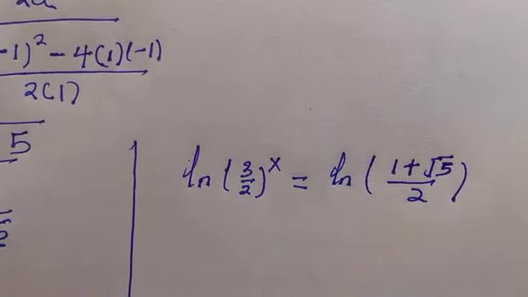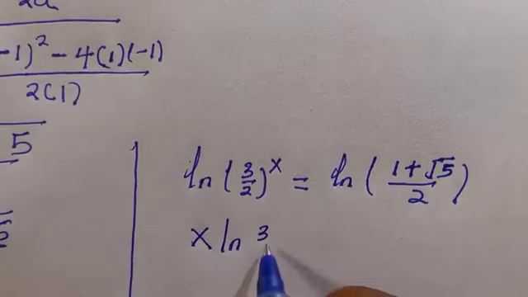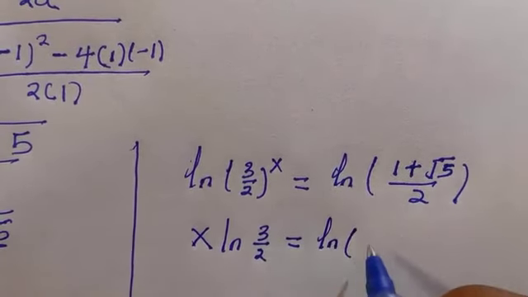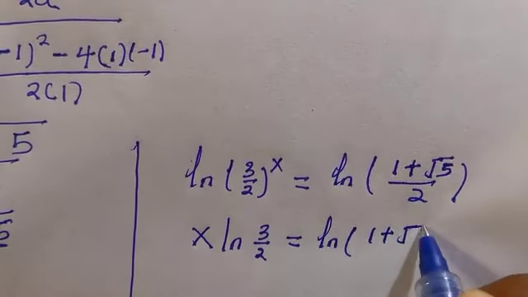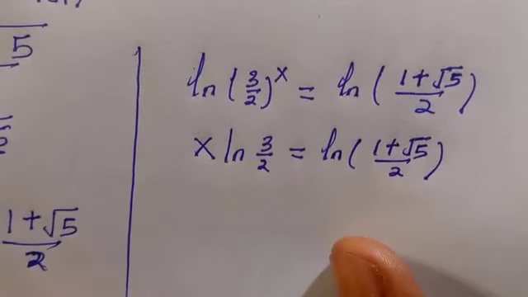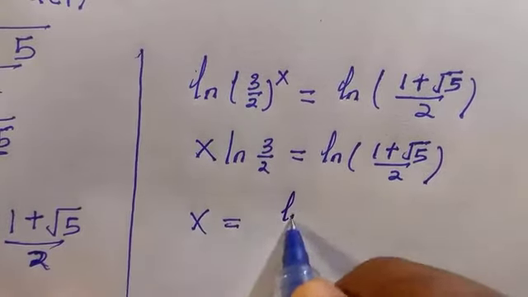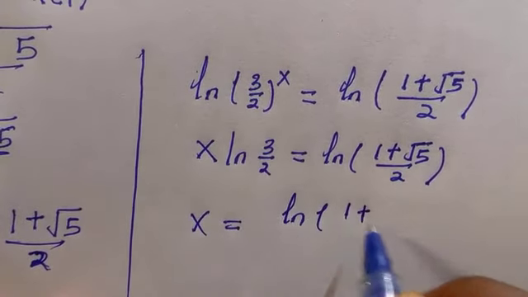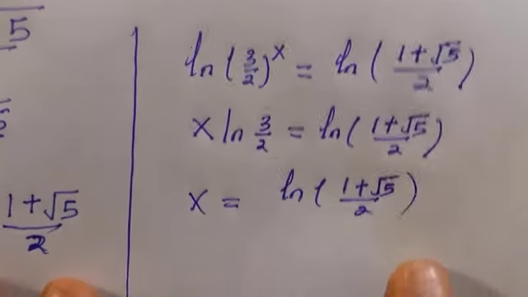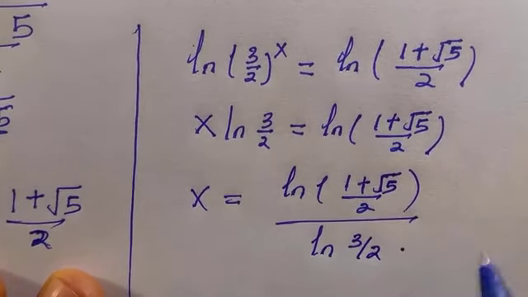And for here we take x down, we have x ln of 3 over 2 equals ln of 1 plus root 5 divided by 2. To get x, we divide both sides by ln 3 over 2, so this becomes ln of 1 plus root 5 divided by 2, and everything divided by ln 3 divided by 2.